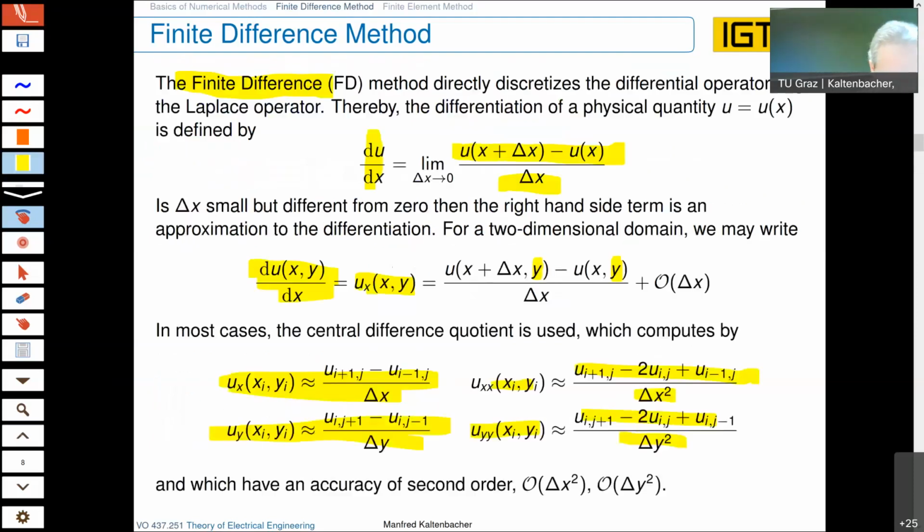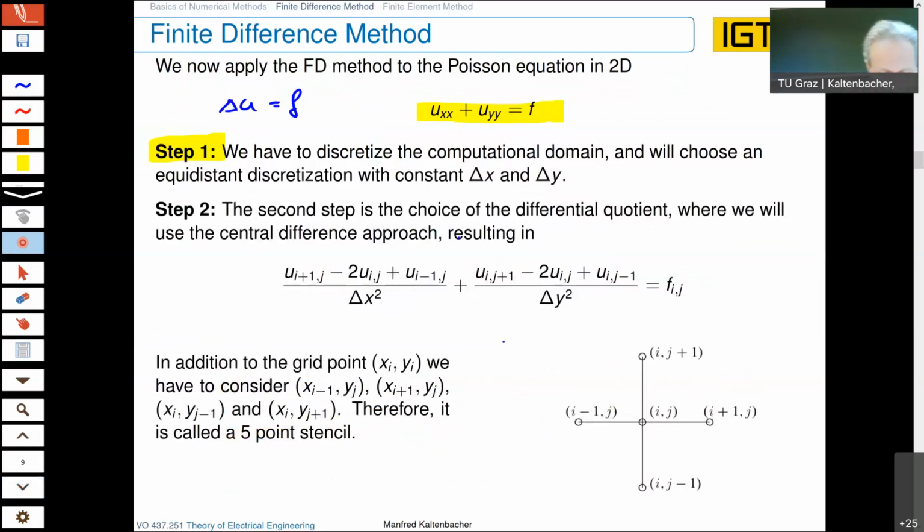Now, let's plug in what we already have discussed. If we go back, we have discussed how we do the second order discretization. And here it makes sense with these indices i and j. So if you plug it in, nothing additional. We have this part here and we have this part.